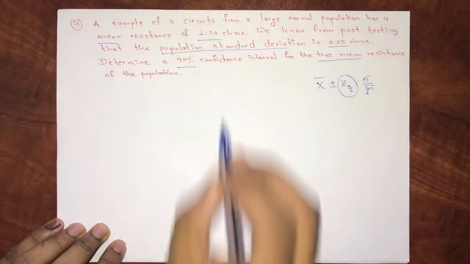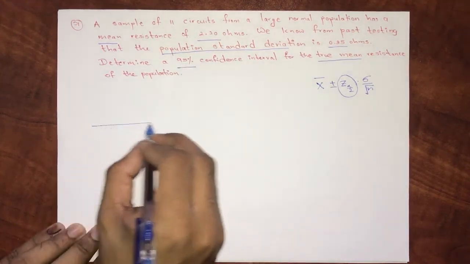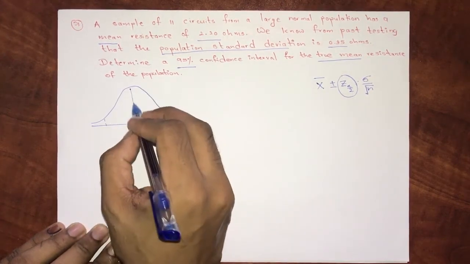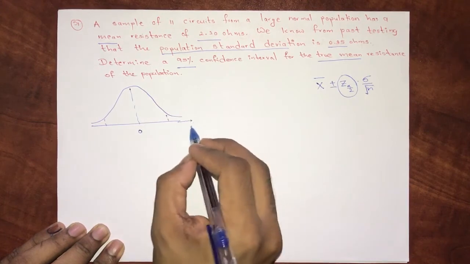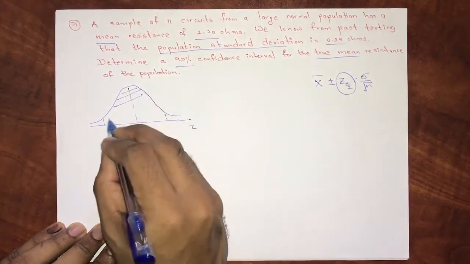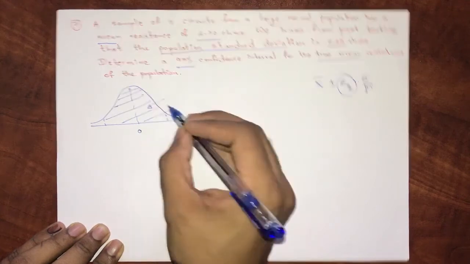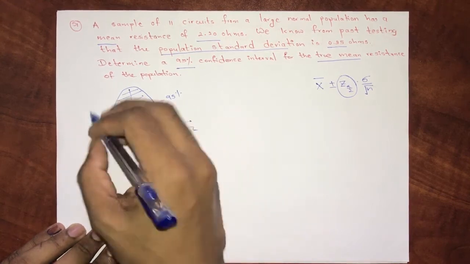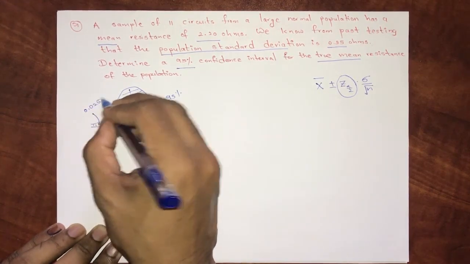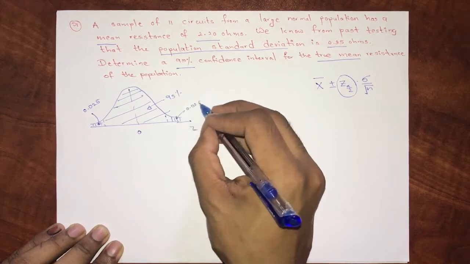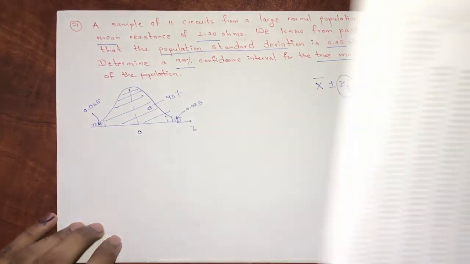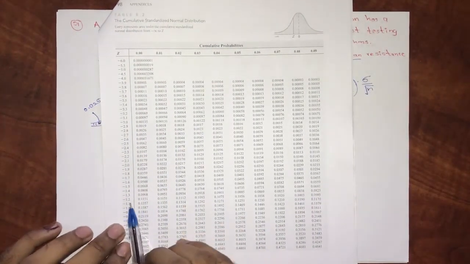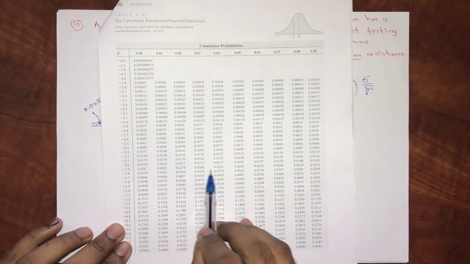So they are saying a 95% confidence interval, and if we draw the normal distribution like this, what they require is this area over here represents 0.95 probability or 95%, and therefore this area and this area individually represents 0.025 and 0.025. So the area representing 0.025, if you take your normal distribution table, you will notice it is at minus 1.96.